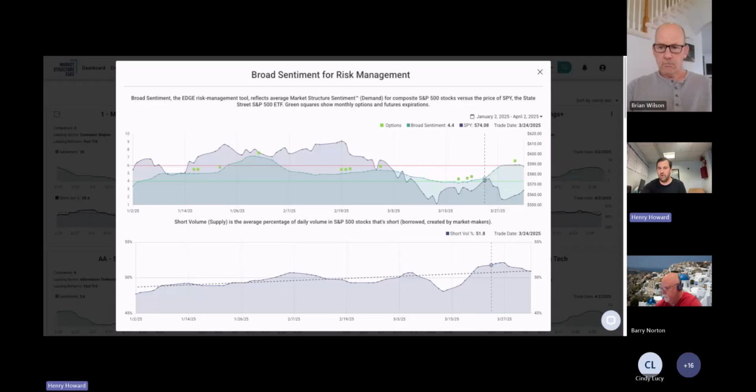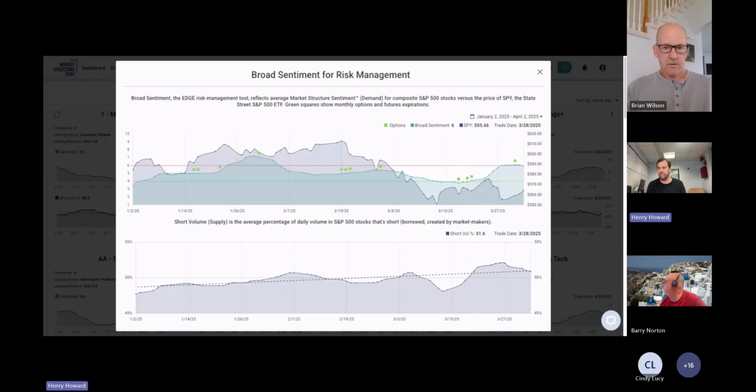When we get up here to over 51%, we know that there's not just downside expectation, but an expectation of risk and uncertainty. I always like to put the caveat on short volume: it doesn't mean that the market's going to go down. It simply means that there's an expectation of risk, and how hedge funds and investors manage their portfolios by hedging that risk.